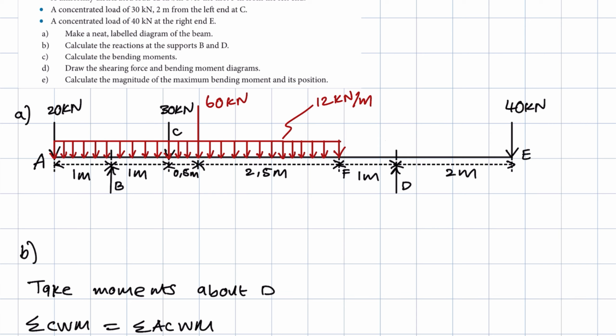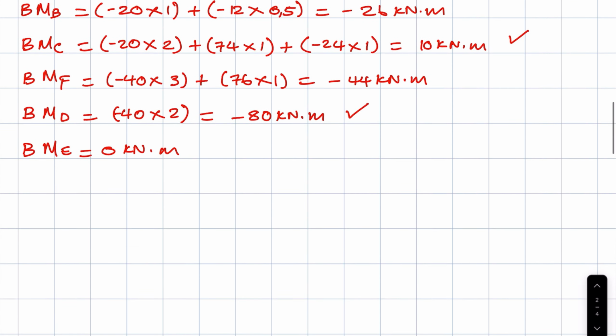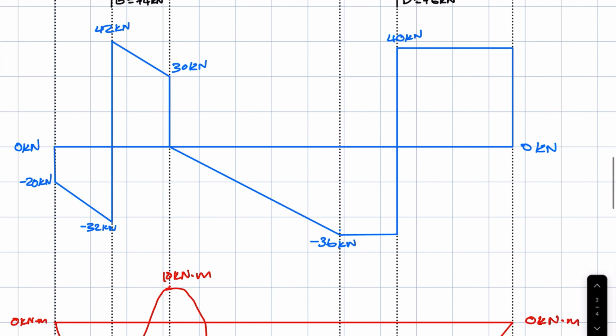Calculate the magnitude of the maximum bending moment and its position. Now, we've already established, remember what I said earlier, that one of the reasons why it is important in drawing your diagrams to first draw the shear force diagram is because where the shear force diagram is equal to 0, that is where we can expect bending moment to be experiencing its most bending.